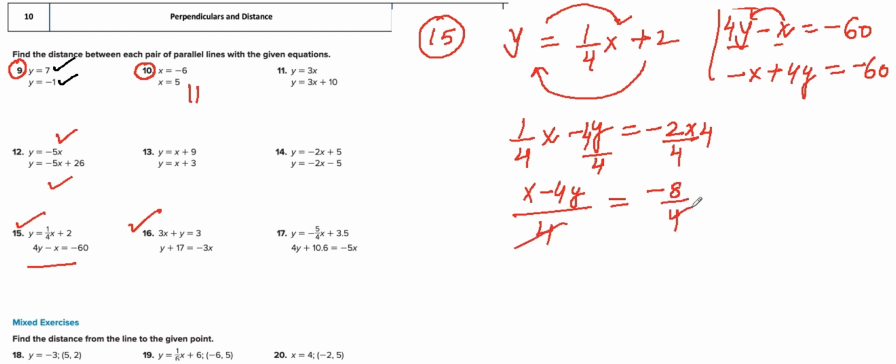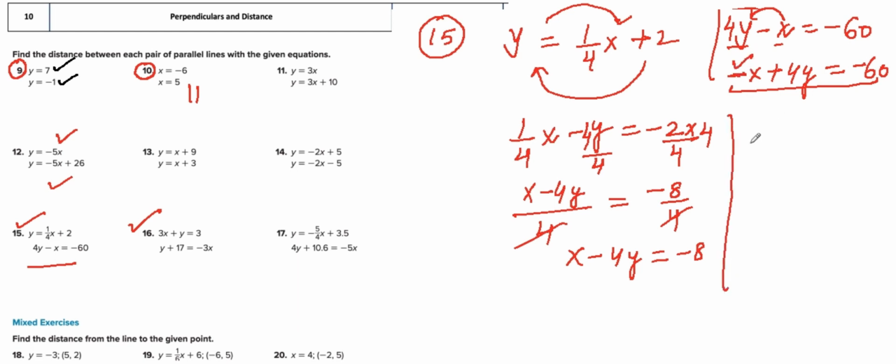The 4 cancels both sides, so this equation is x minus 4y is equal to minus 8. In standard form, the first number should be positive. So how do we change it? Multiply all the terms by minus 1, and you will get the same equation. Now you can see what A, B, C are.